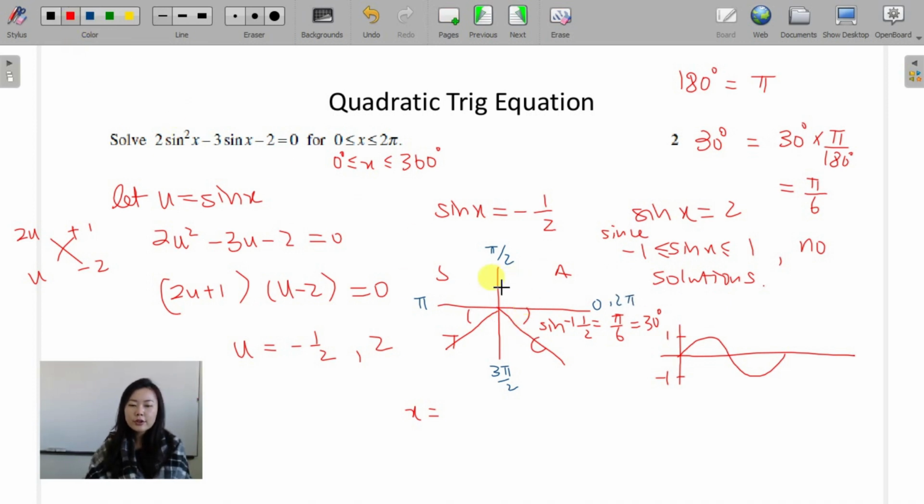All right, so the third quadrant answer will be pi plus pi on 6. And then the fourth one is all the way in the fourth quadrant, so 2 pi minus pi on 6, which is equivalent to 7 pi on 6 and 11 pi on 6. All right, so that's the answer in radians.